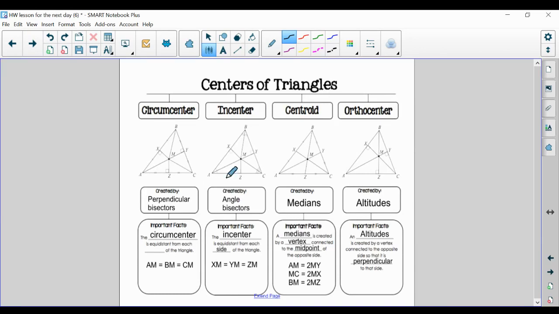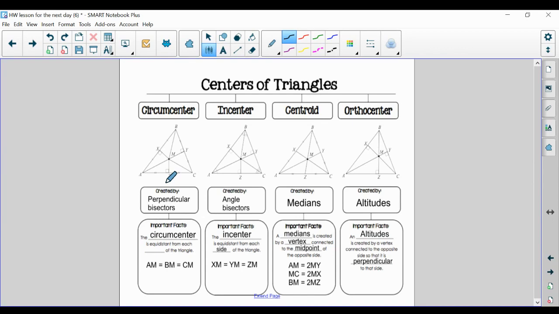Here are the different triangle centers. I hope that you did the challenge question and some of the homework where you constructed 3 altitudes or 3 medians or 3 angle bisectors or 3 perpendicular bisectors all connected in one point.